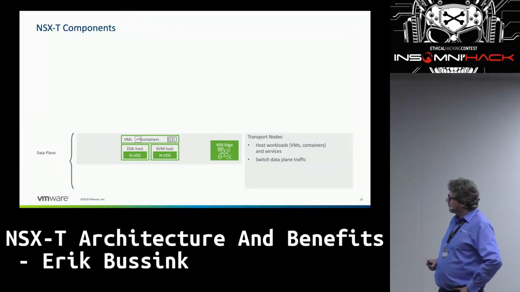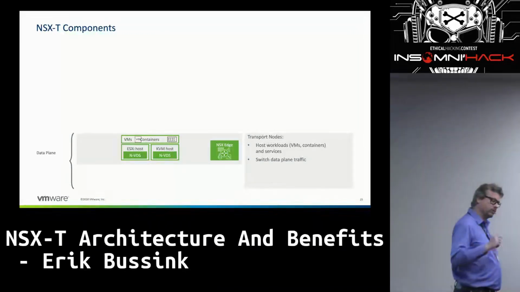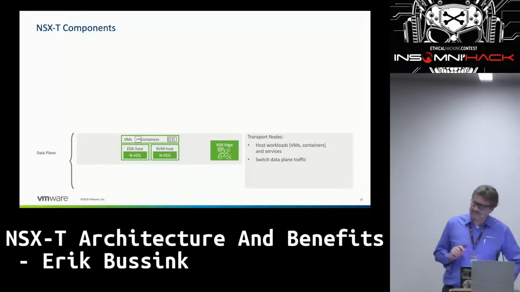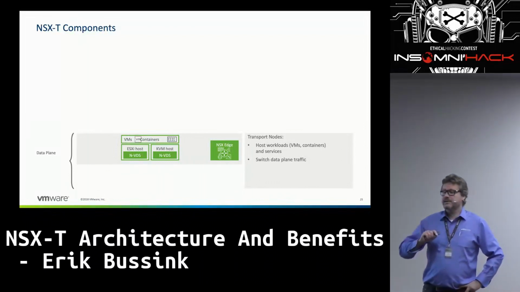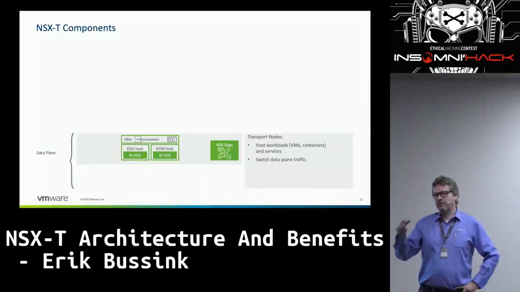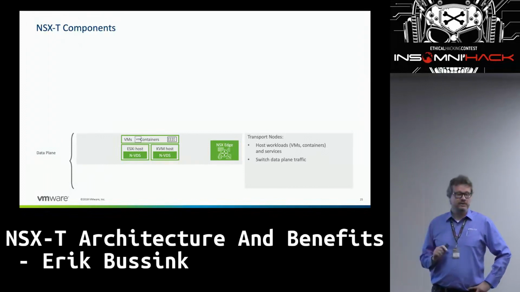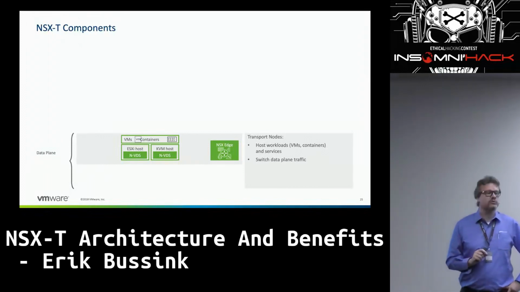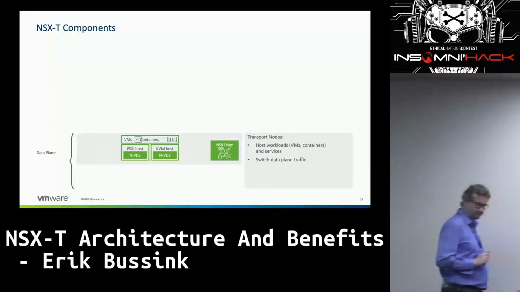Just talking about the traffic and our NSX edge. So the edges, and I will come back to them at the end of my presentation and really explain more about them, but they are the on-ramps to the physical world. So when you have traffic going from one VM to another in the overlay, when it leaves the overlay for the underlay, so the physical world, it's going to be done via these edges.